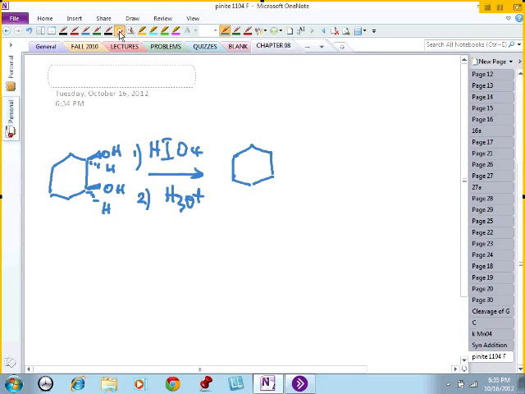You are going to cleave this single bond here. You will cleave it, so now you form this product.